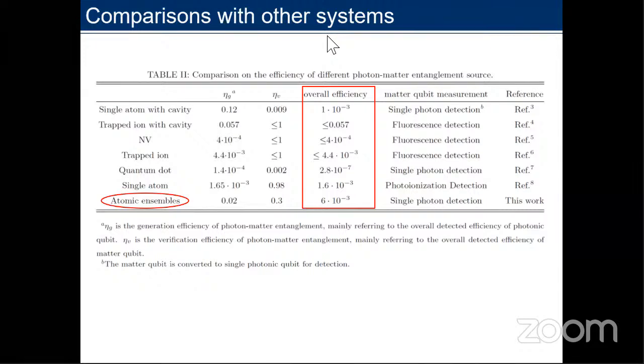There is one advantage of other systems like NV centers that we do not have. For instance, in NV centers, in each node, they have multi-qubit capability. Around one NV center, there are several nuclear spins which can be used as registers. But for atomic ensembles, it's difficult to have several qubits for one node. Yeah, this is one drawback of our system.